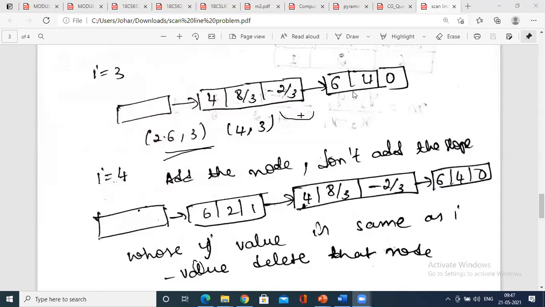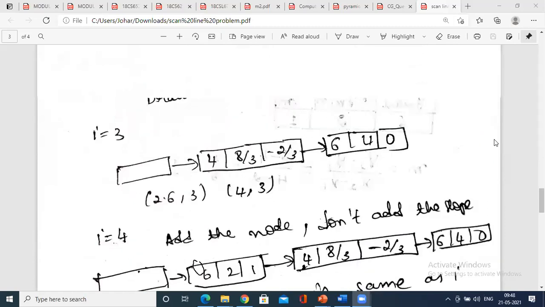Hopefully understood. Now we are going to continue. So now the challenge comes when I equals 4. This is a very important concept. Try to understand. If you have understood till here, it is okay. So when I equals 4, you are definitely not going to add the slope, that is 8 by 3 plus minus 2 by 3 or 4 plus 0. You're not going to add.